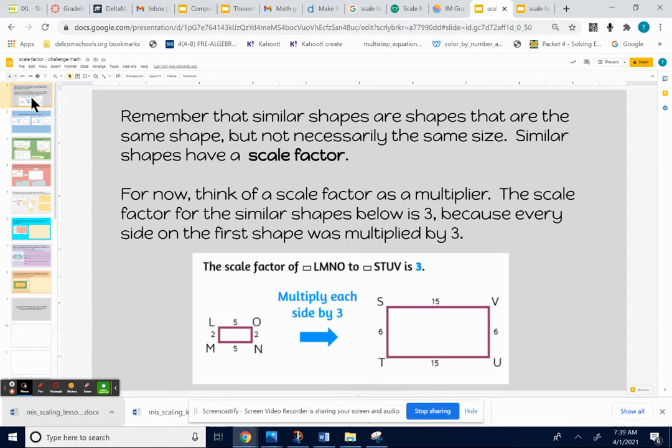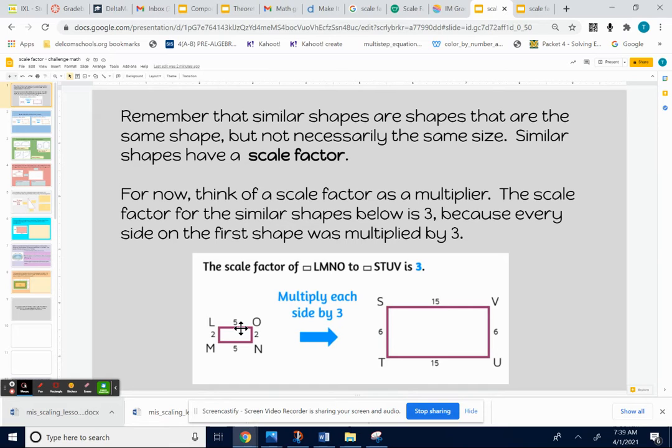But there's something else going on that we haven't really talked about yet. When you have two similar shapes, let's say you're going from a smaller similar shape to a larger one, you are actually multiplying each of the individual side lengths by the same number to get to the new side length.